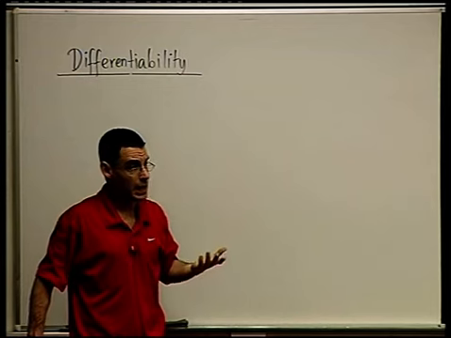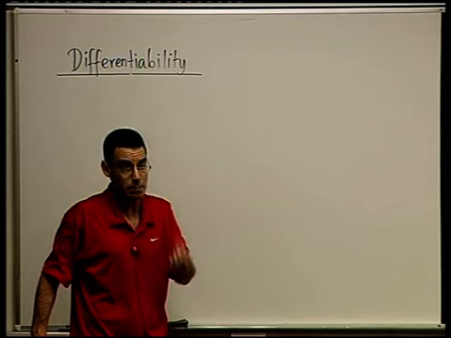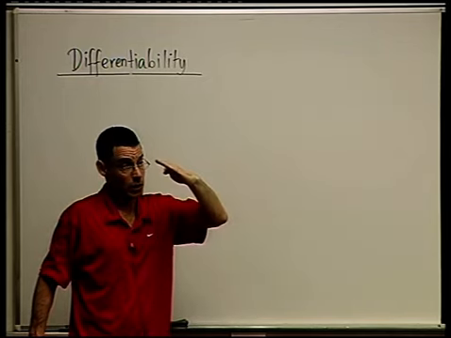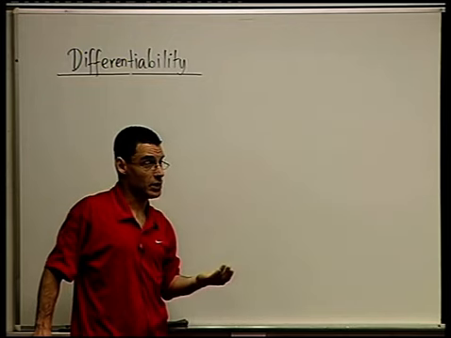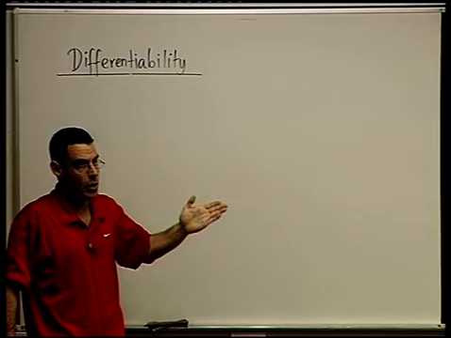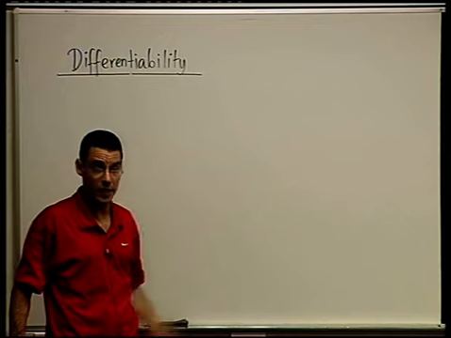Remember that? So we need a stronger notion that would actually be equivalent to having a tangent plane. In single variable calculus, the notion of being differentiable, which was having the derivative, was precisely equivalent to having a tangent line. That's how the tangent line was defined.